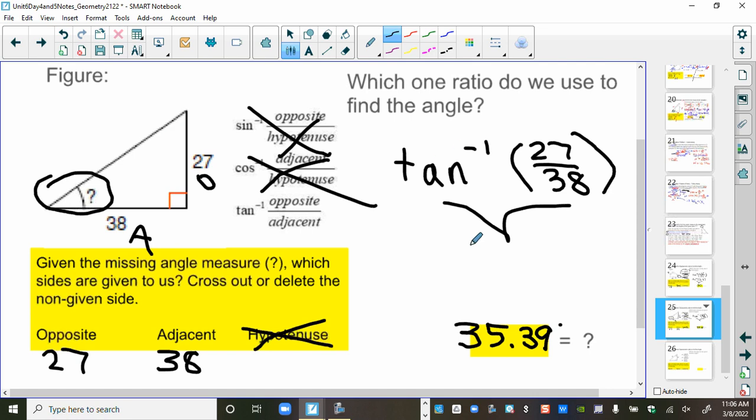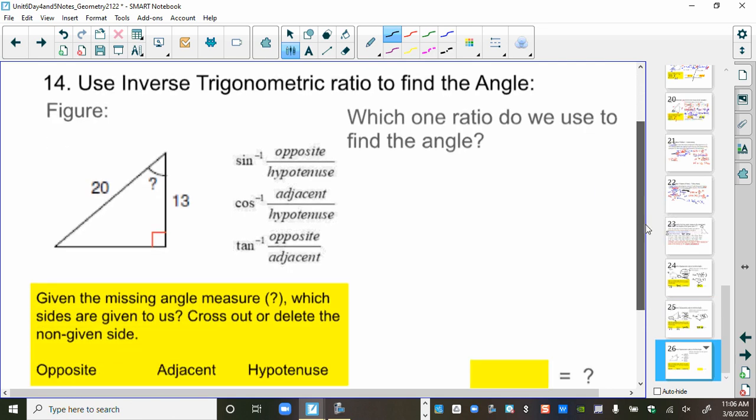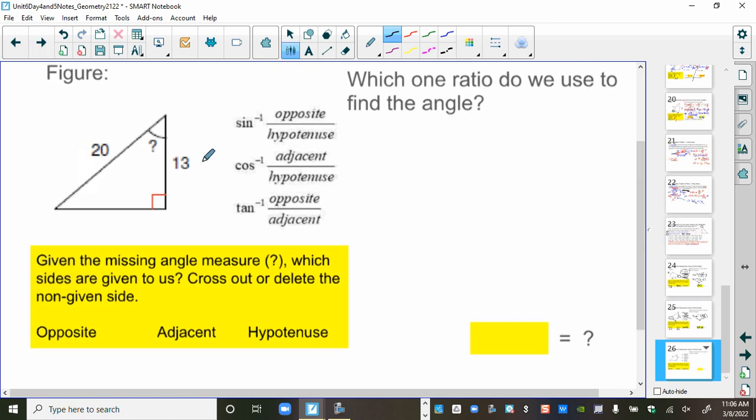So if you're told to find a missing angle, you're just going to use one of these three. And then same thing for the last one. Well, what's given to us? Hypotenuse. Whoa, careful. Hypotenuse was given to us. Where's our angle? That's adjacent.